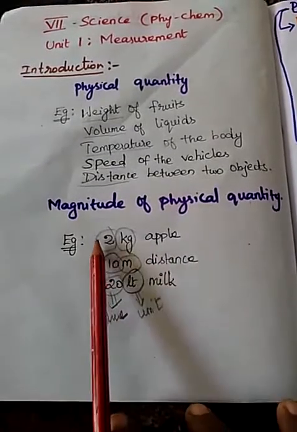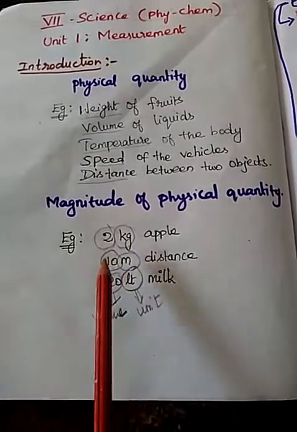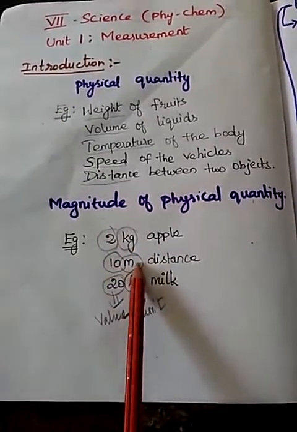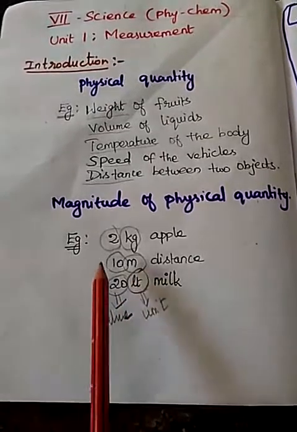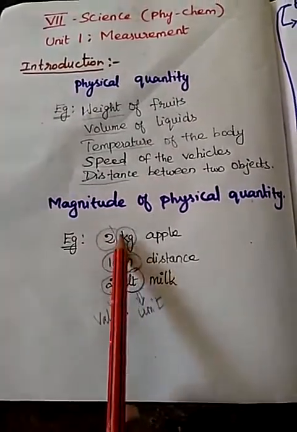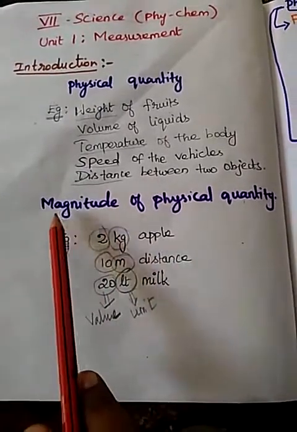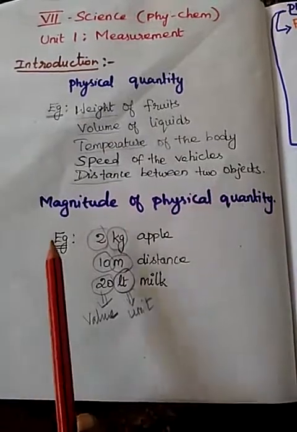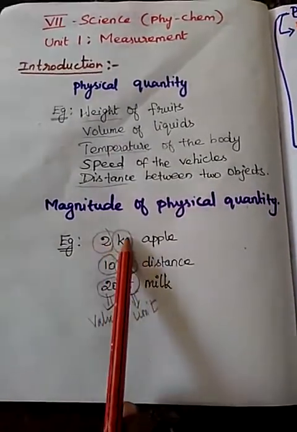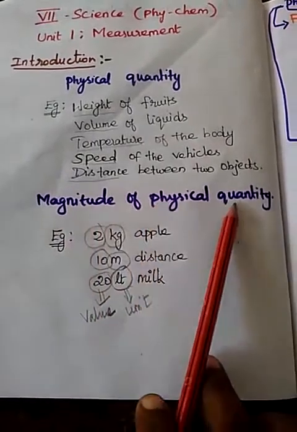Here 2 is a value and kg is a unit. 10 value, meter unit. 20 value, liter unit. A value and a unit can be used to express the magnitude of a physical quantity.